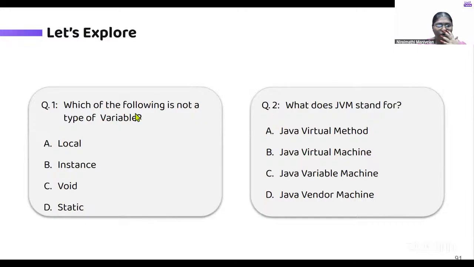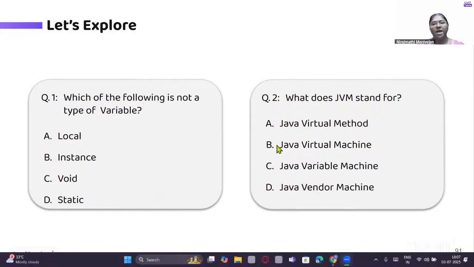Which of the following is not a type of variable? Teachers, please answer in the chat. Local, instance, void, and static. Okay, answer C. Thank you so much. Void is not a type of variable, teachers.